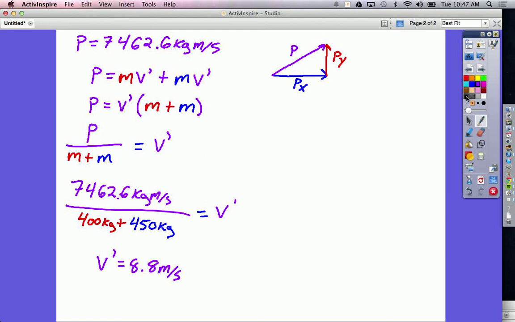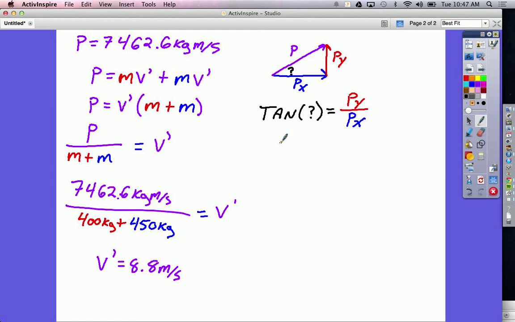And what we're going to be looking for is this angle right here. And we have all three sides of that triangle, so we can use any sides we want. I'll use the p in the x and the p in the y. So I'm going to use the tangent. Tangent of my unknown angle is equal to the opposite side, which is py, over the adjacent side, which is px.